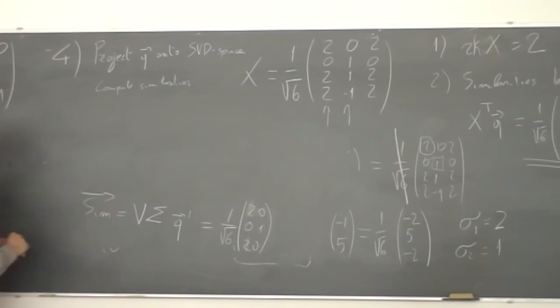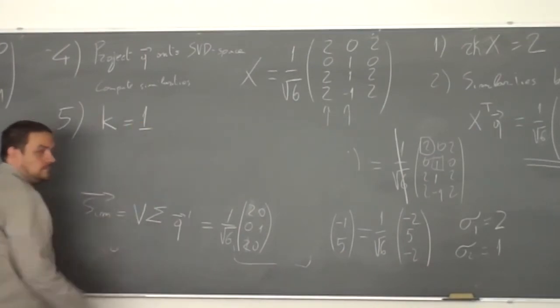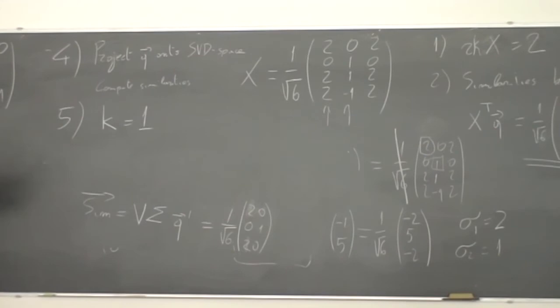The next question, the final question, was: suppose now that we want to reduce the rank to 1. We already know that the rank of the matrix is 2. What happens if we sacrifice one of the singular values, the smallest one, of course? What changes in the similarities?